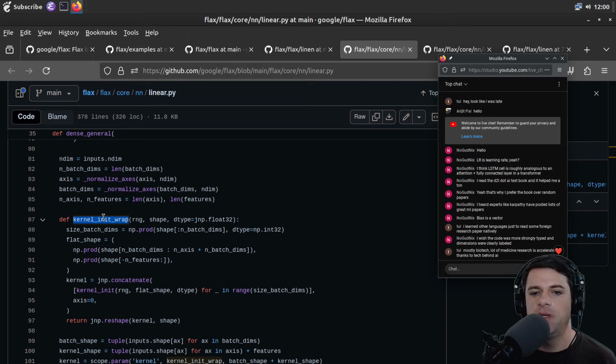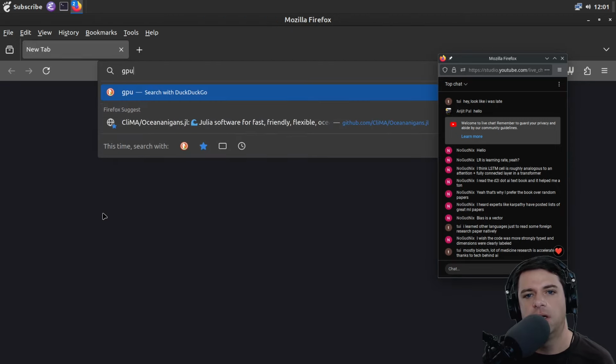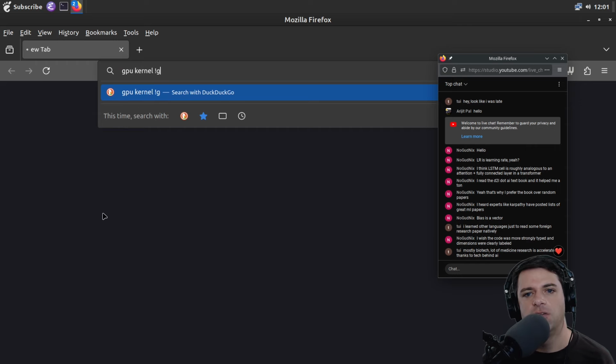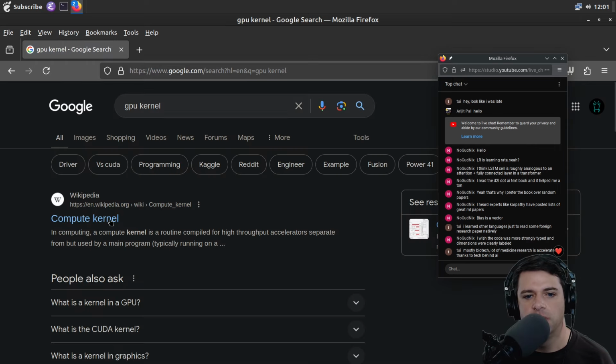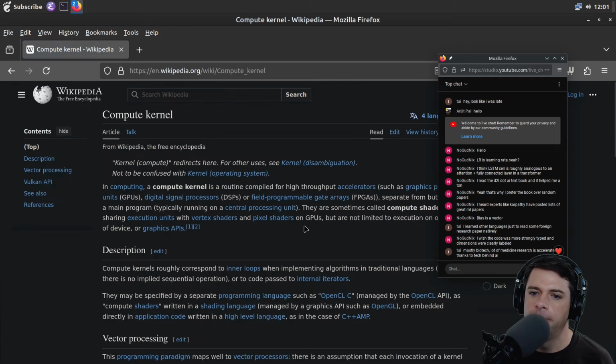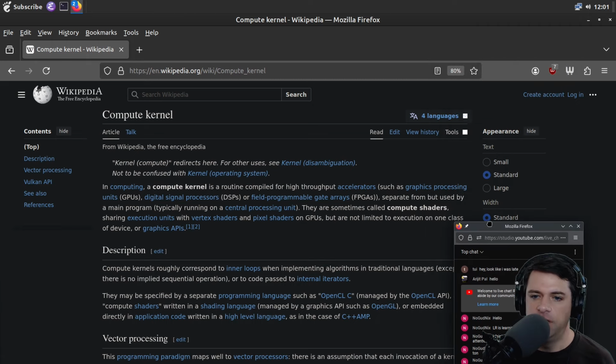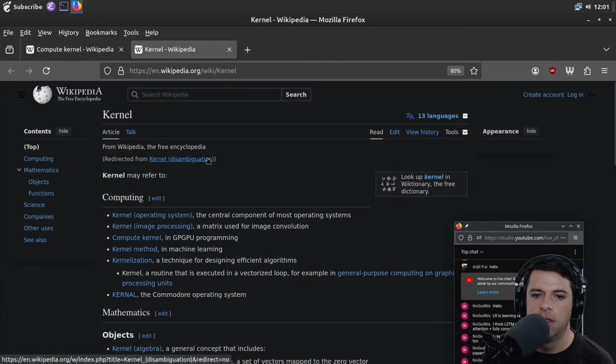But this might be kernel in the sense of the GPU kernel, which frankly didn't occur to me yet, because I was trying to think of a mathematical definition of kernel. The compute kernel is a routine compiled for high throughput accelerators such as graphics processing units and FPGAs.